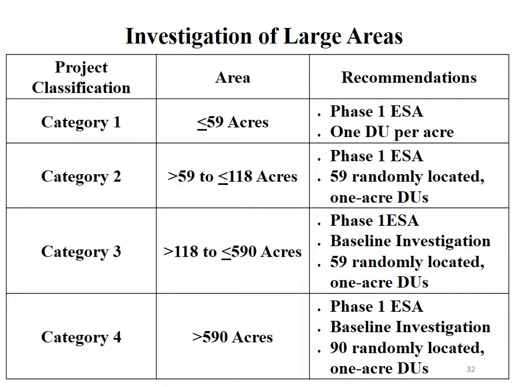And finally, in the very, very large sites, and these are pretty uncommon, but they do come up occasionally, we'll do both the phase 1 ESA to look for source area, spill area DUs, and the baseline investigation, so looking at a number of neighborhood size DUs across that property first to look for wider scale or larger scale contamination and contaminants of concern. Then we'll pump up the randomly located 1 acre DUs to 90, so we're getting a little bit better coverage as we go up to this larger acreage.